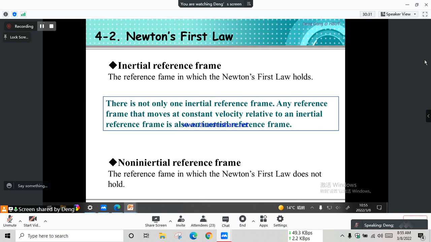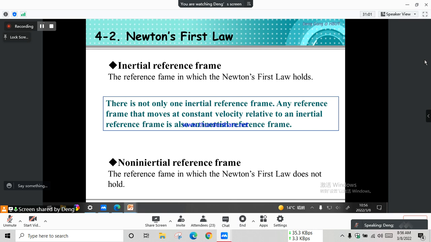And a reference frame in which Newton's first law does not hold is a non-inertial reference frame. For example, that train. Some object is moving with non-zero acceleration on the surface of the Earth, or something is rotating, and you choose that object as a reference frame.